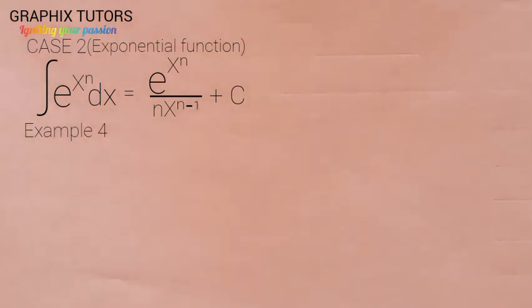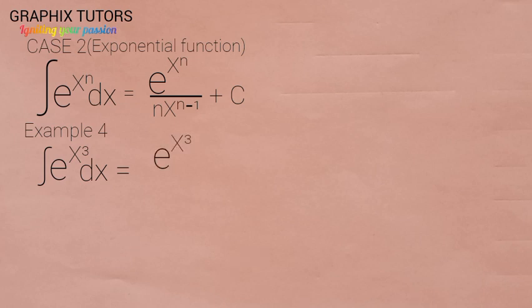Let's take an example. Now, if I have the integral of e to the power of x to the power of 3 dx, the e there, like I said, is the exponential function. When you want to integrate that, you're going to write back e to the power of x to the power of 3 all over the derivative of the power, which is x cubed, right?